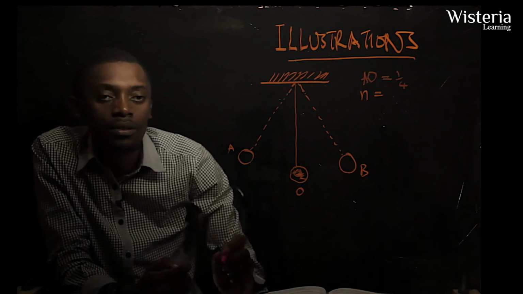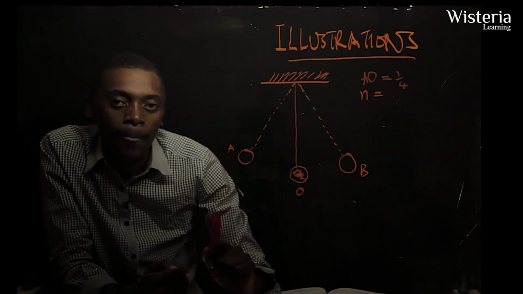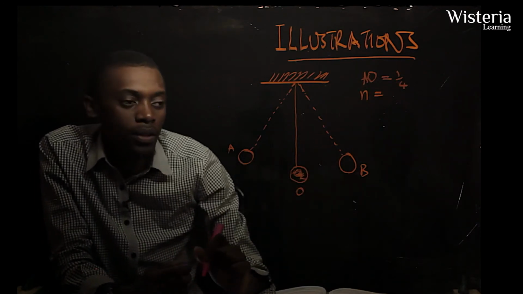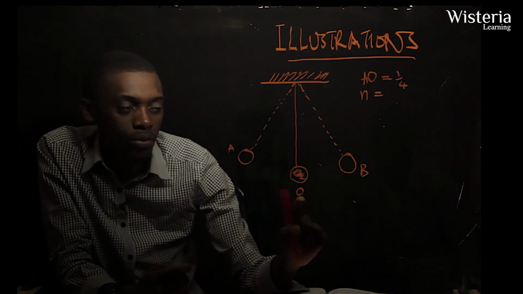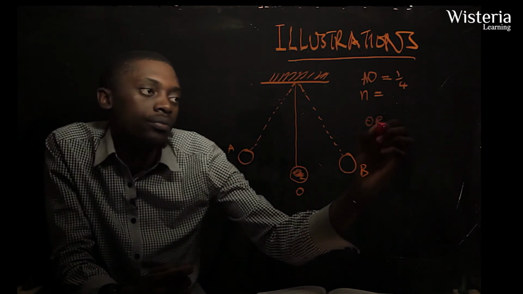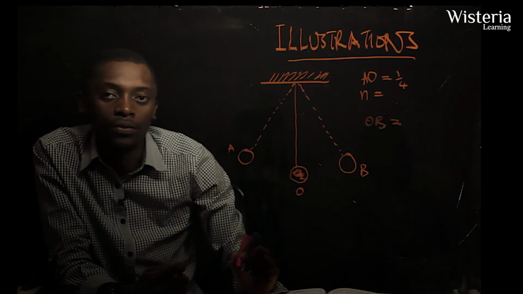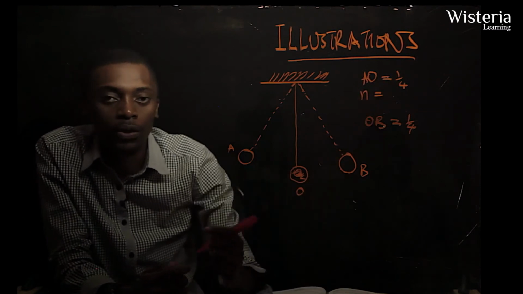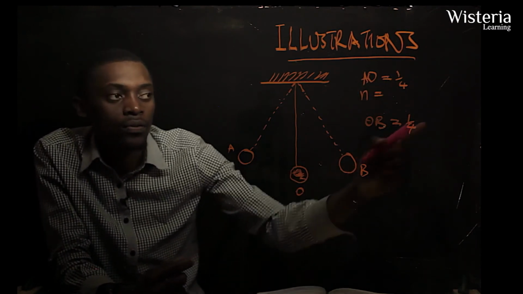Only from position A to position O can we say the number of oscillations is 1/4. And when the bob swings from position O to position B, then we say it's still 1/4. From A to O only, it's 1/4, and from O to B only, it's still 1/4.